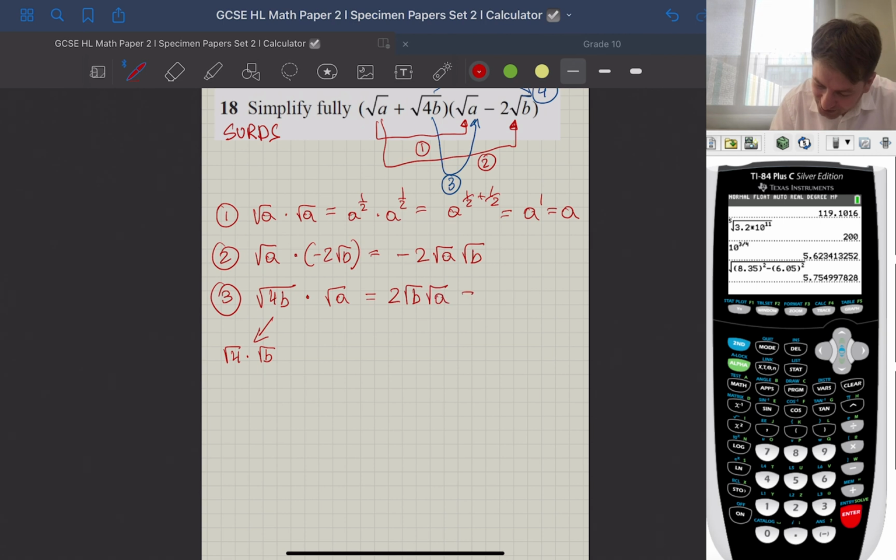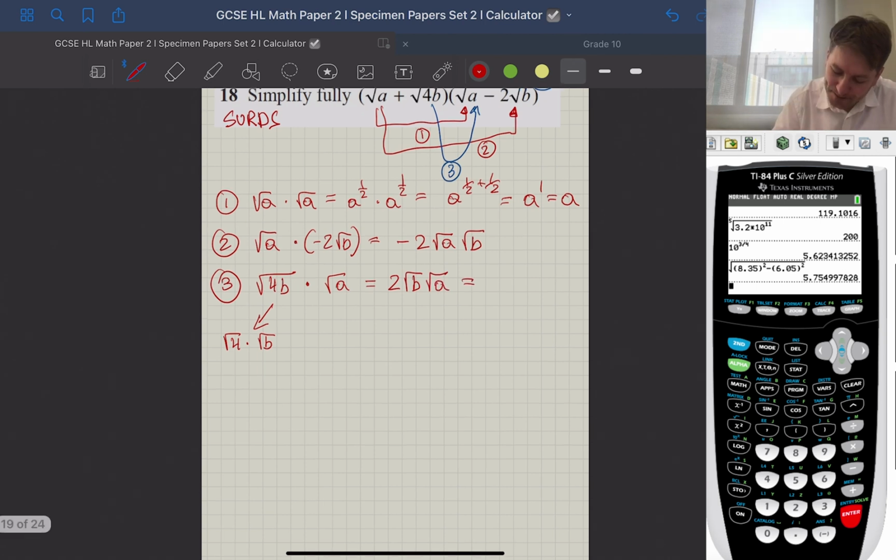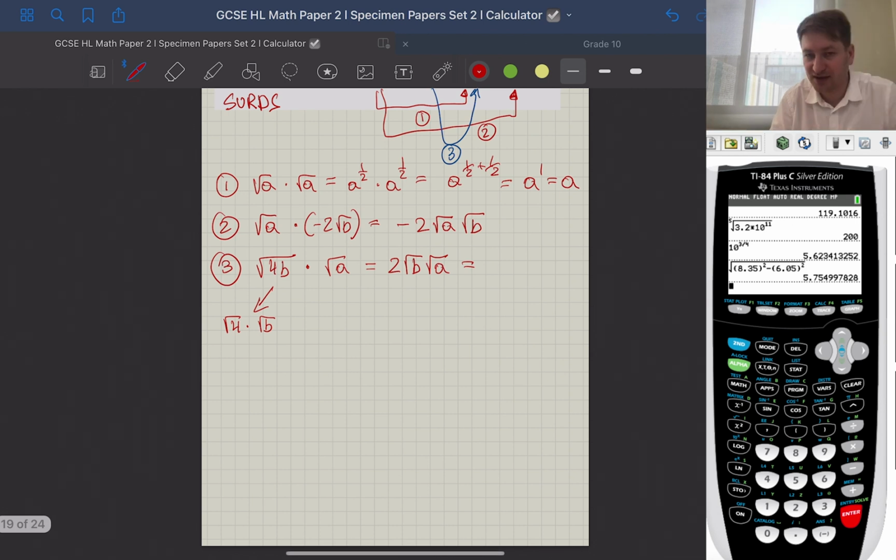I'm going to write it in alphabetical order, 2 root a root b. The reason I'm doing this is so you can see that this value and this value are now exactly the same. One is plus, one is minus, therefore they will cancel each other out.